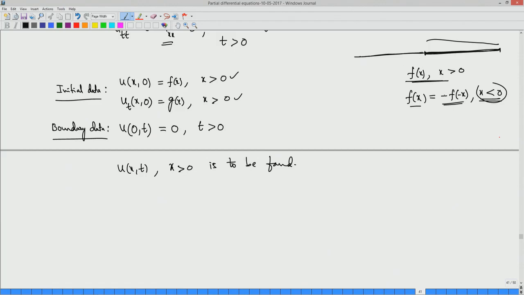How do we do this? Let us simplify. If it is simply a constant function, let us say f(x) equal to 1, then minus 1 is the odd function, something like this you extend it.